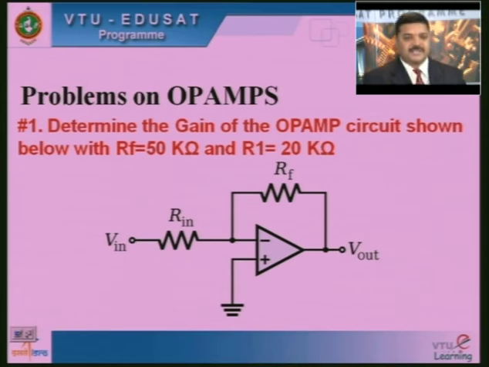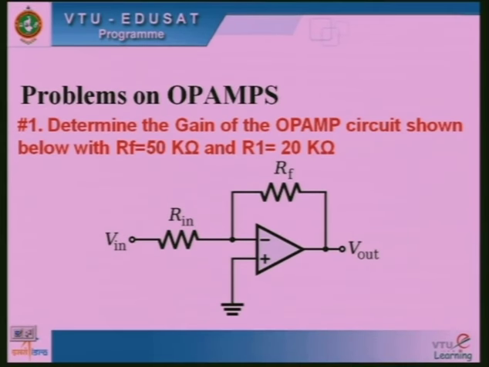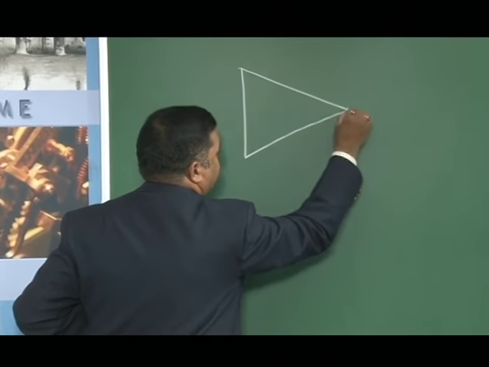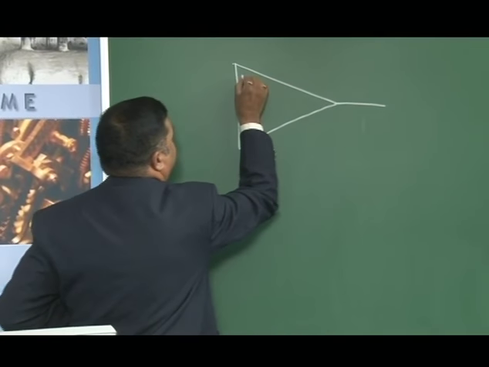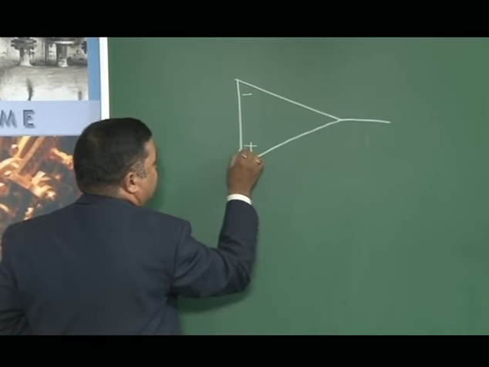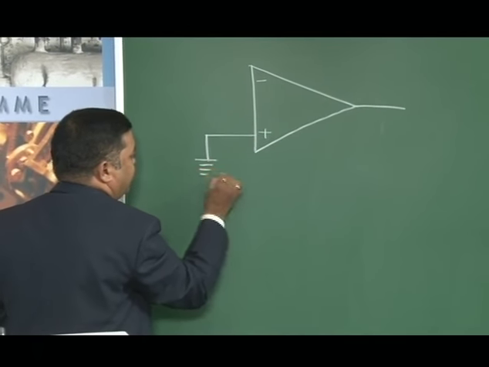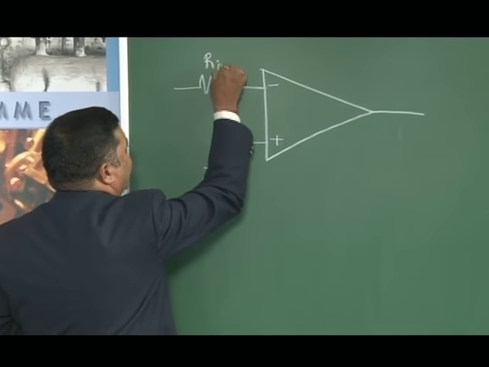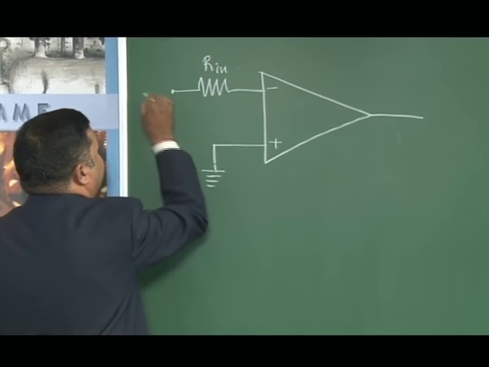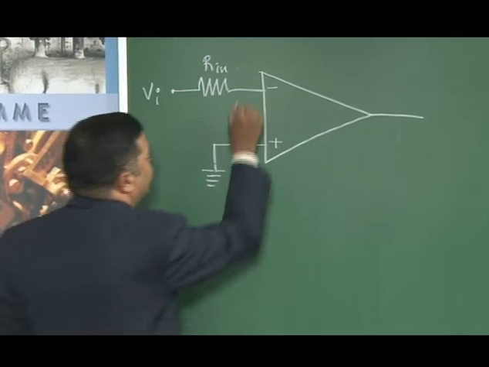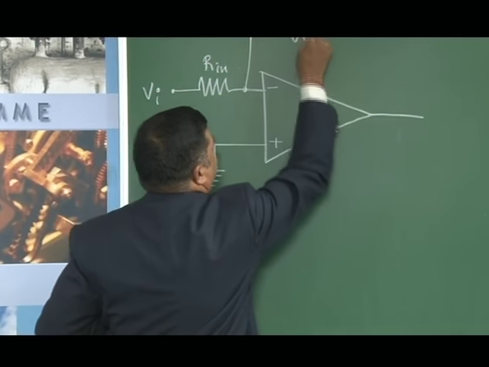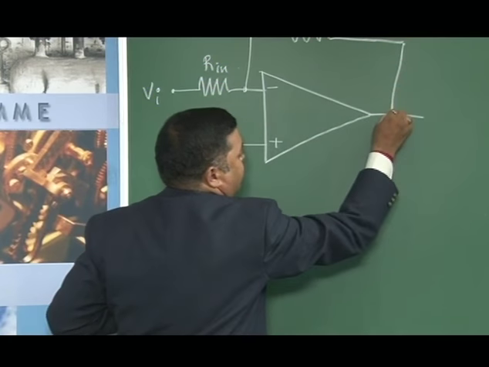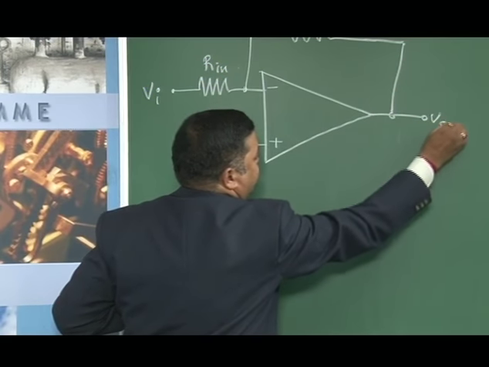So let me write this circuit and explain it. This is an inverting amplifier circuit. This is minus, plus; the positive terminal is grounded. To the negative terminal, we have R in here, and we are applying the input signal here, and there is a feedback resistor RF, and the output is taken here.